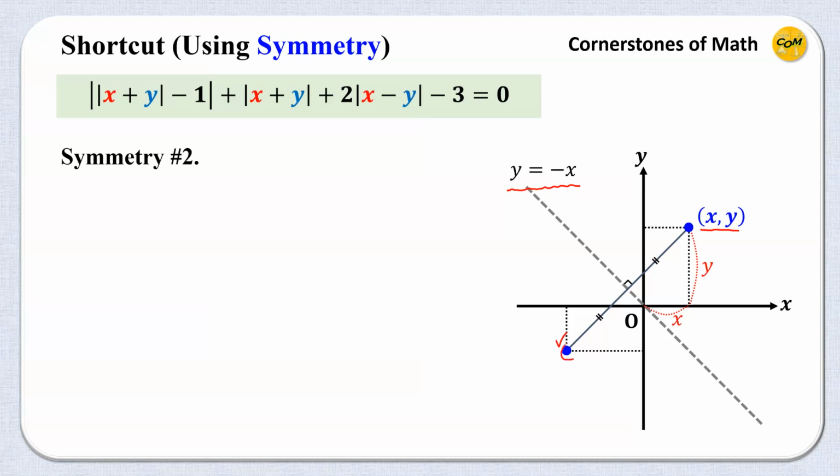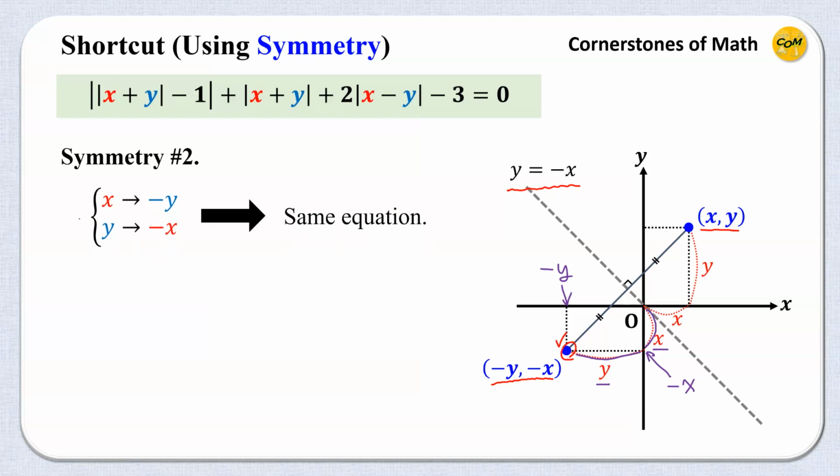But can you find the coordinates of this point so that 2 points are symmetric with respect to y equals minus x? Well, the coordinates are now minus y, minus x, because if this length is x, then this coordinate must be minus x, so it can be negative number. And if this length is y, then this coordinate must be minus y.